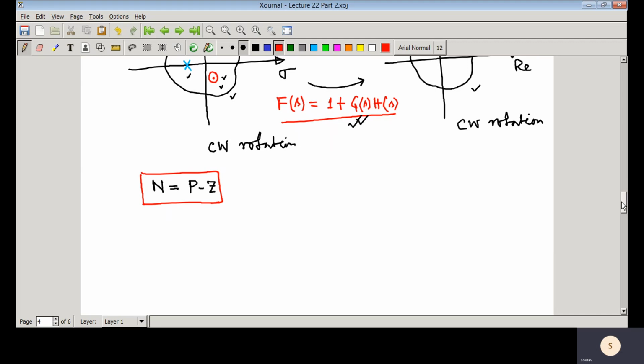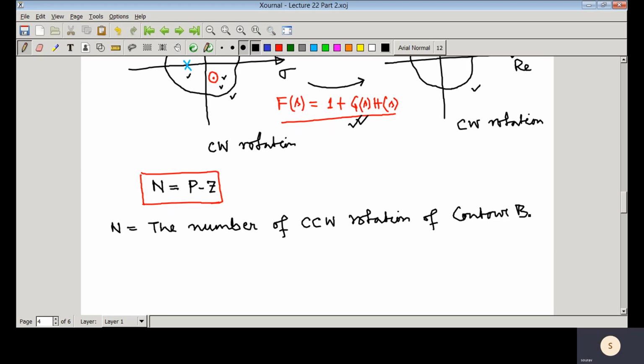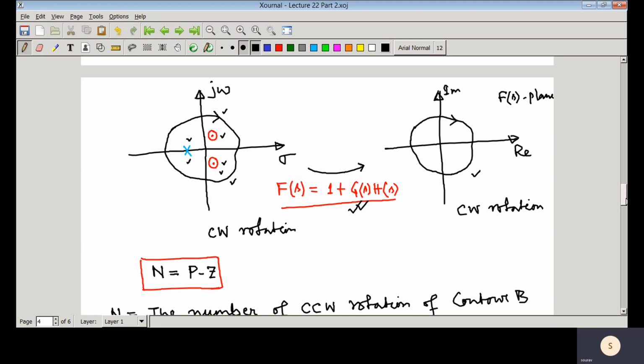What are N, P and Z? This is very important. N is the number of counterclockwise rotations of contour B. So let us say that this is contour A and this is contour B. So this is actually the counterclockwise rotation.